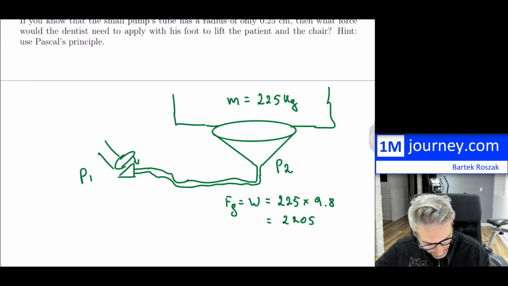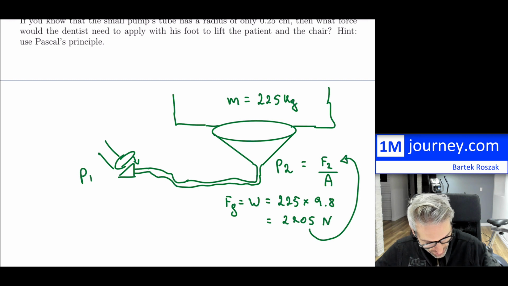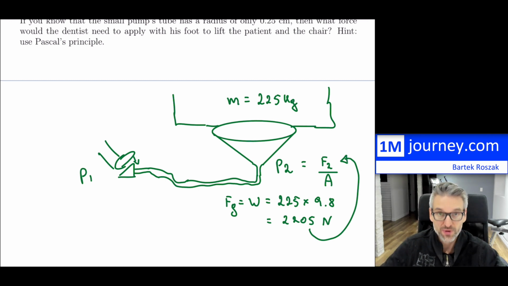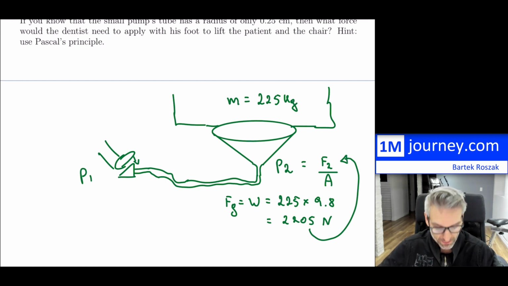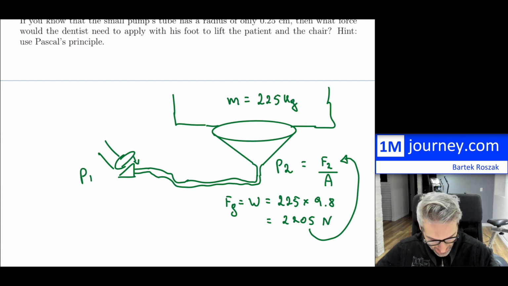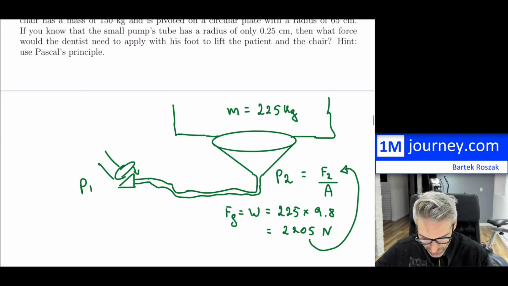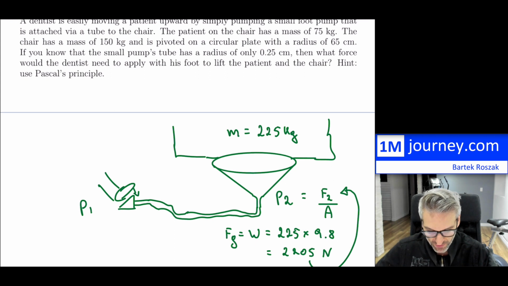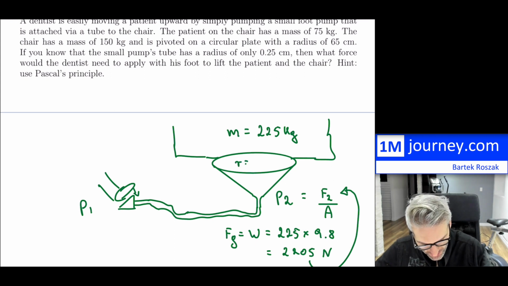Now, once we have this, don't forget that pressure P2 is the force over the surface area. This is the force that we would have to apply to lift this person up. That's the minimum amount of force that we would need. So we have that particular force. Now, what else do we have in here? They say that this thing is pivoted on a radius of 65 centimeters.